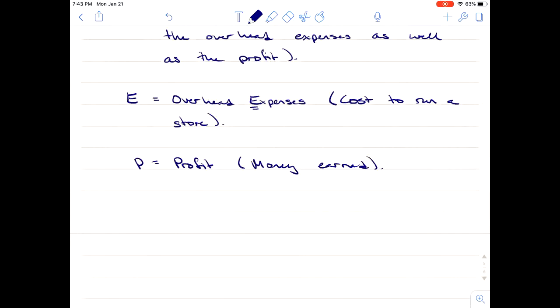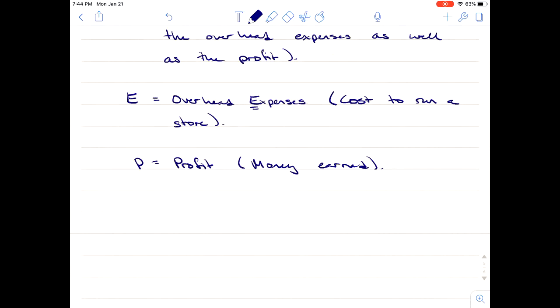After you've paid for the product, you've paid for your staff, you've paid for your rent, you get this little bit of profit in the end. If you don't, you're doing it wrong. You should probably take home some profit. Stop selling stuff if you don't.